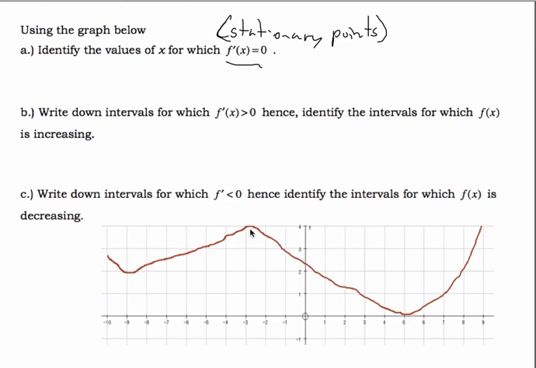It's kind of a poorly drawn graph, but if it was smoothly drawn, this point and this point are the stationary points. So the values of x are -9, -3, and 5. At these we have stationary points.